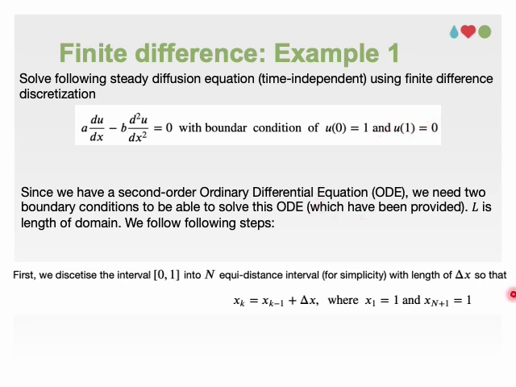This problem is also called a two-point boundary value problem, since boundary conditions are given at two distinct points. We will attempt to compute a grid function consisting of values on discretized points xk and the mesh width of delta x, that is the distance between grid points.